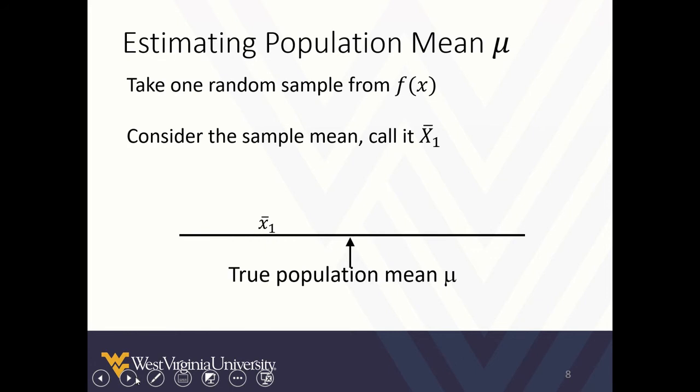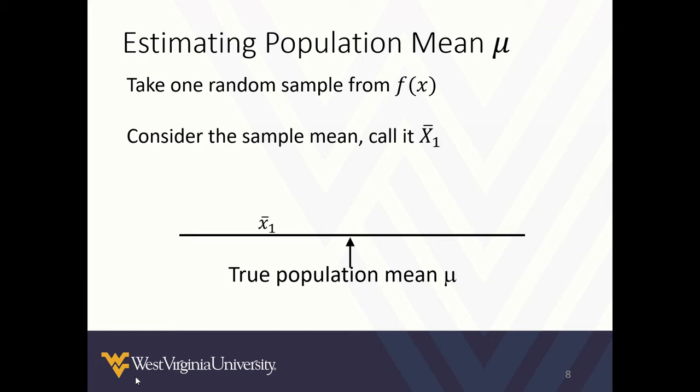So let's start talking about estimating our population mean mu, and this really gives us a good understanding of what a sampling distribution is as we really get into it. So let's say we take one sample from our probability distribution f(x). And so we consider the sample mean, and we'll call that x1 bar.